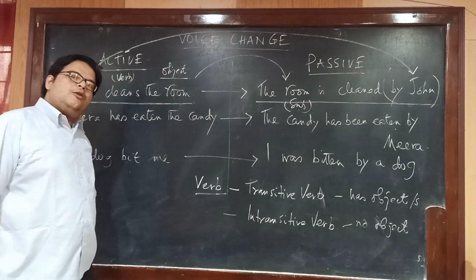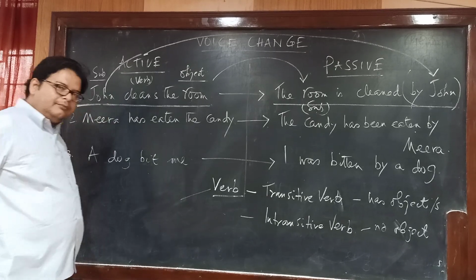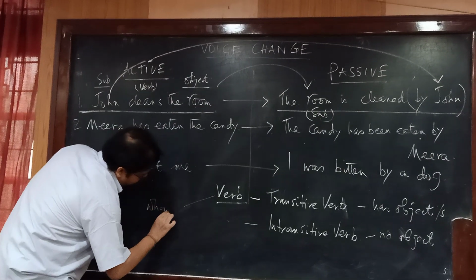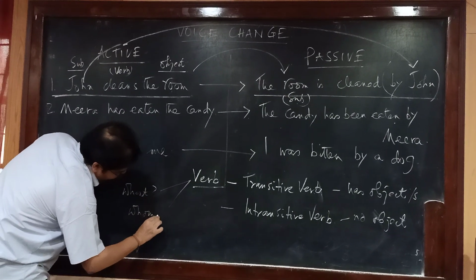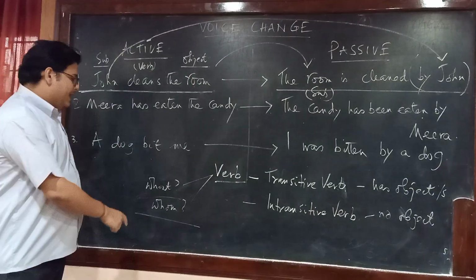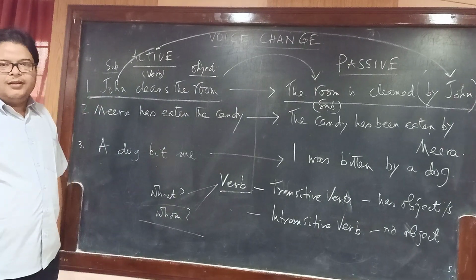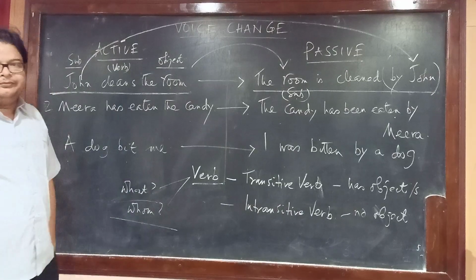How to identify an object? Very easy way. Ask the verb 2 questions: what and whom? Ask the verb these two questions. If these questions are answered in the sentence, that answer is the object of that verb.